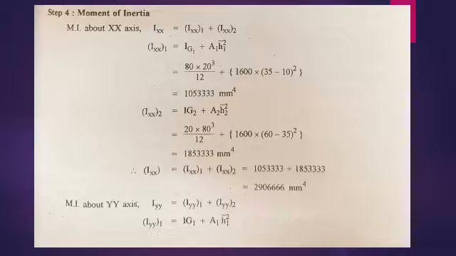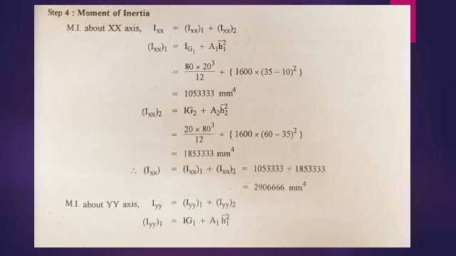Similarly, we are going to find the moment of inertia about y-axis. Therefore, Iyy is equal to Iy1 plus Iy2. Iy1 is equal to Ig1 plus A1 h1 bar square. Here for Ig1, we calculate the moment of inertia about y-axis.